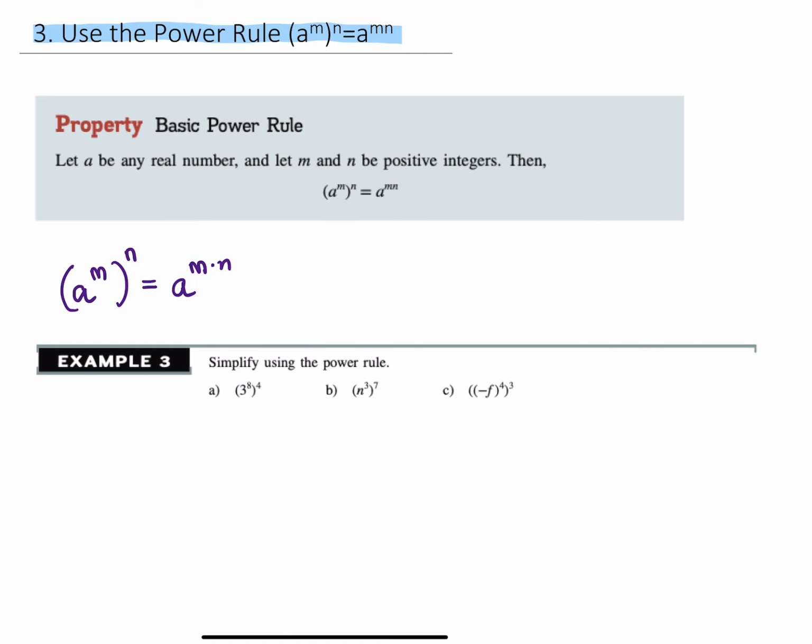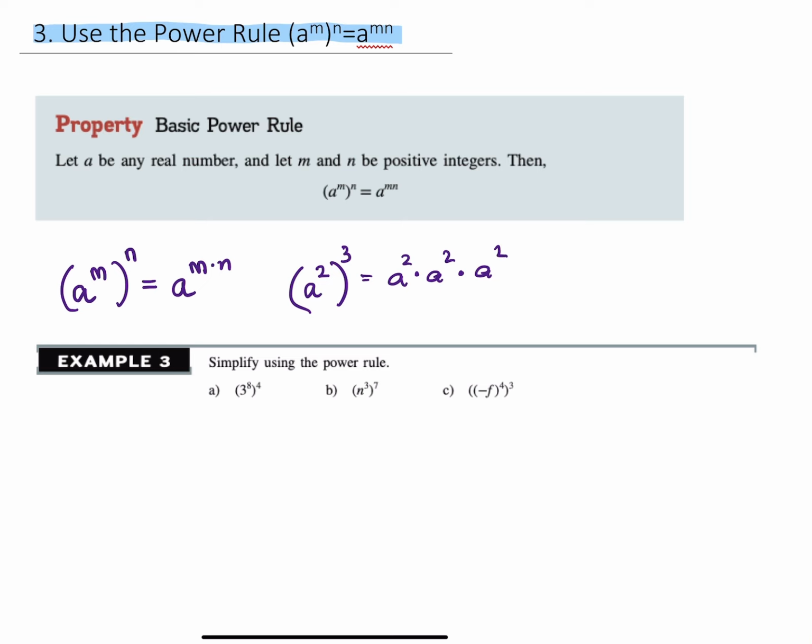So let's think of an example. Let's say we have a squared raised to the third power. That means we have three a squareds. So this could even be expanded out to a squared times a squared times a squared, because we're multiplying it by itself 3 times.